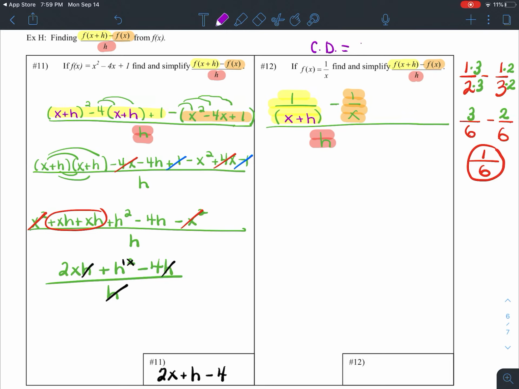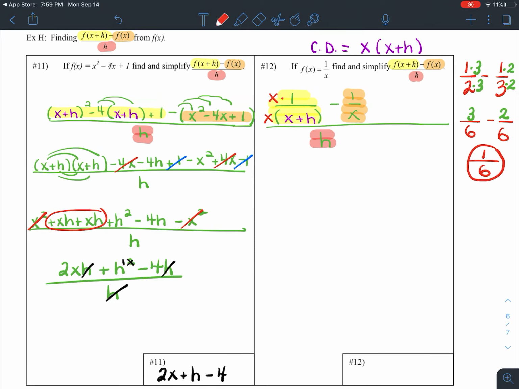I'm going to make a little note up here that my CD, for common denominator, is going to be me taking these 2 existing denominators and multiplying them together: the x times the x plus h. Now I need to make both of these denominators look like this common denominator.